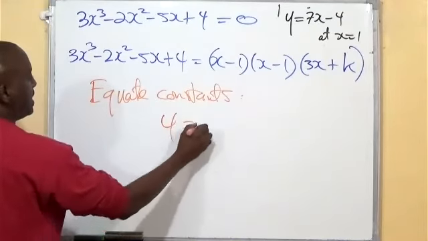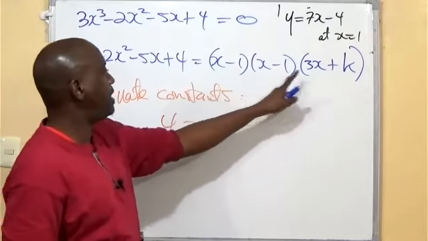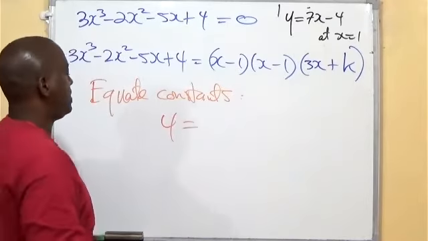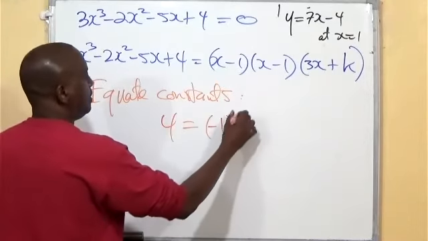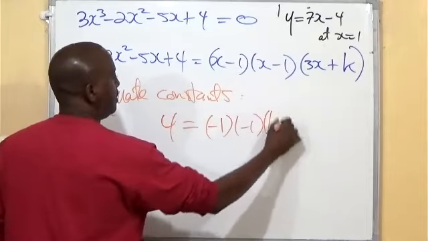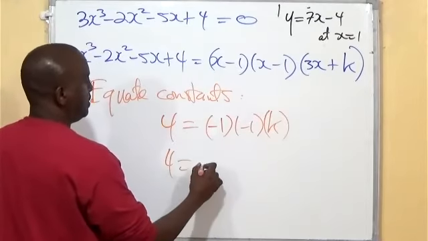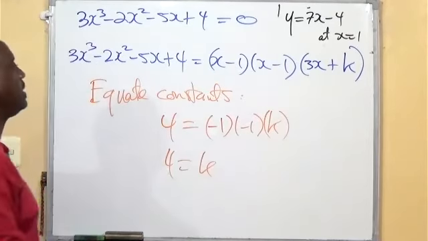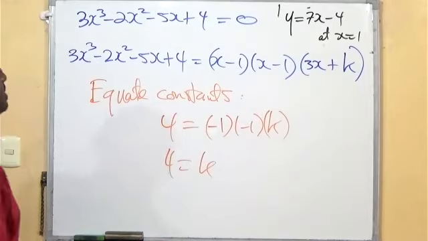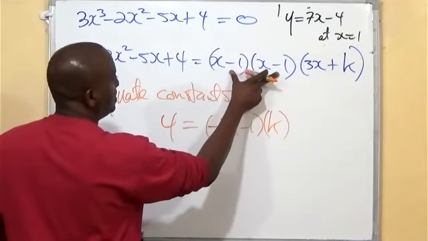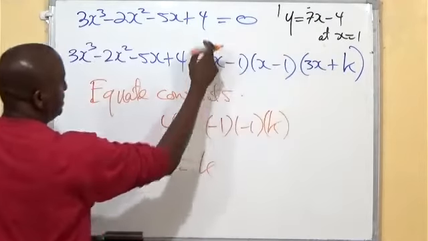So 4 on the left side is equal to what? Minus 1 by minus 1 by k. 4 is equal to minus 1 by minus 1 by k. So 4 is equal to k. It makes sense because minus 1 by minus 1 is plus 1. Plus 1 by 4 is the same 4 there.